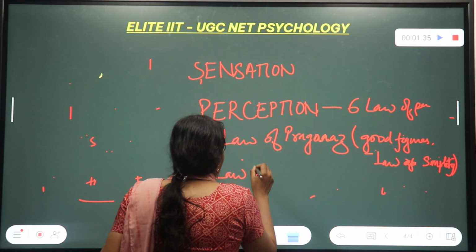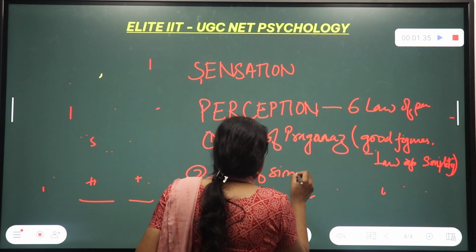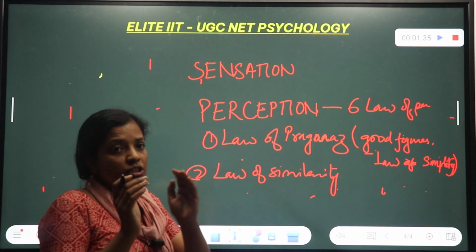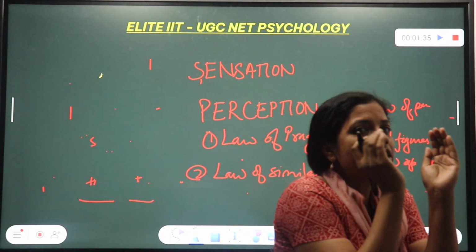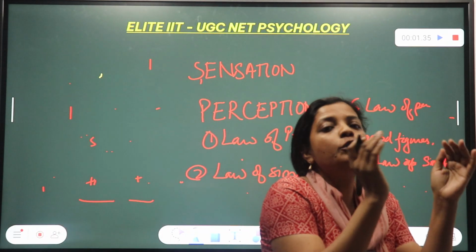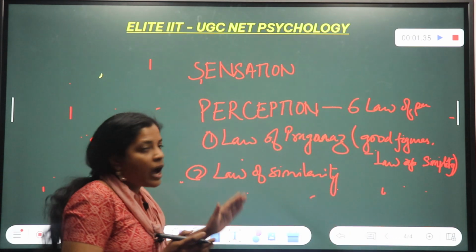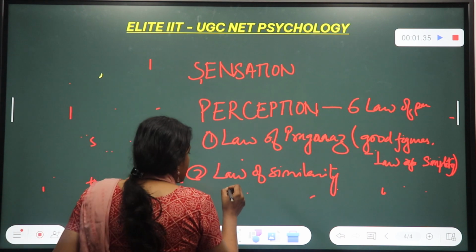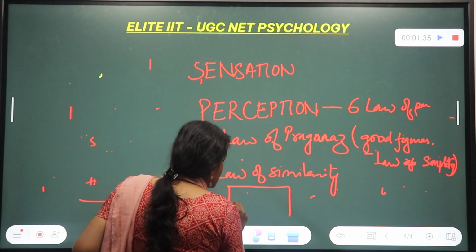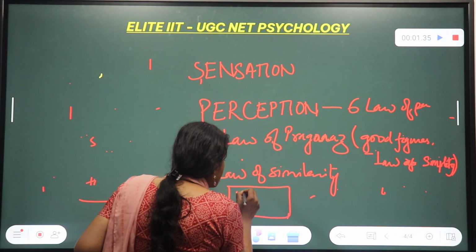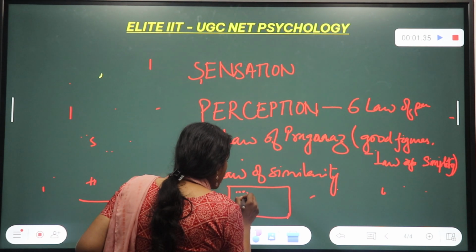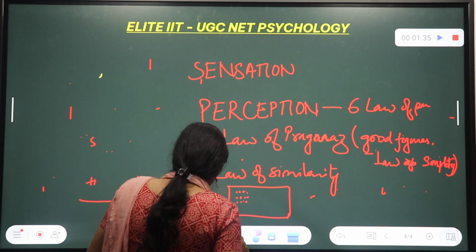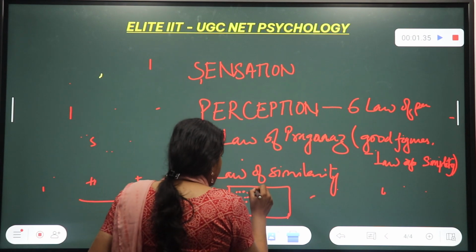Another law is the law of similarity. The law of similarity says that those things which are similar, we will see them as together and group them as one. That is how we make perception of things. If we have so many dots together that are similar, they are grouped up together.